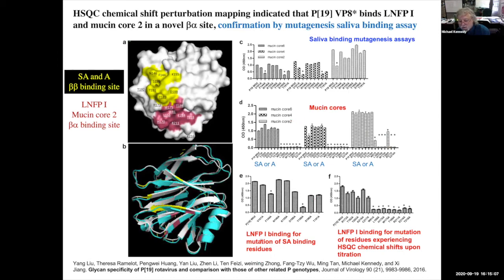And for the one that was secretor positive but Lewis negative, we found the same thing: we don't lose binding if we mutate the residues involved in sialic acid or A-type histo-blood group antigen binding, but we do lose binding if we mutate the ones we identified in our study.